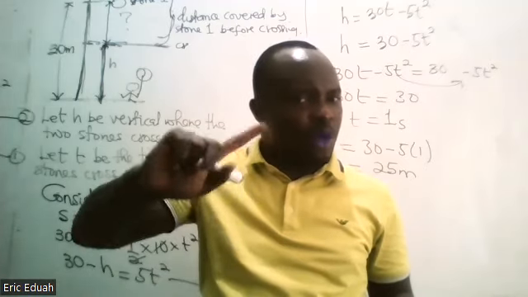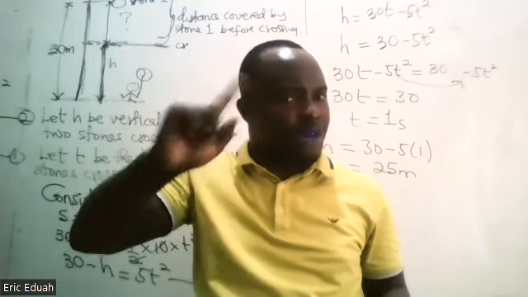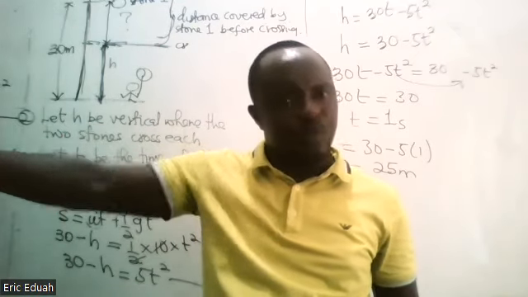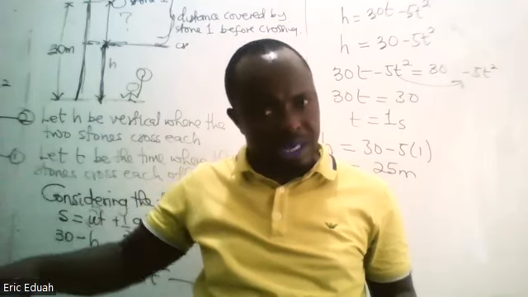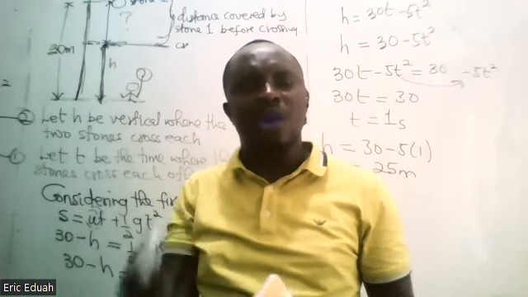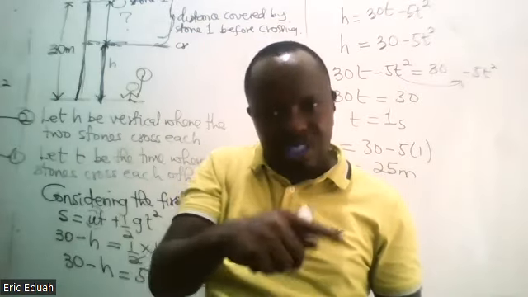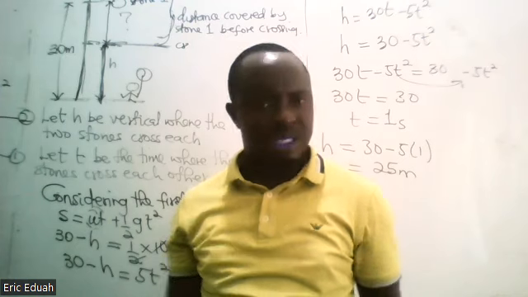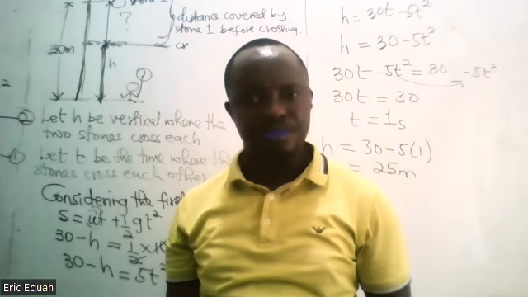But the second one would accelerate not due to gravity. That's why I've provided its acceleration, 15 meters per second squared. Now use the information provided to calculate the initial velocity of the second stone. That is the explanation I gave earlier.